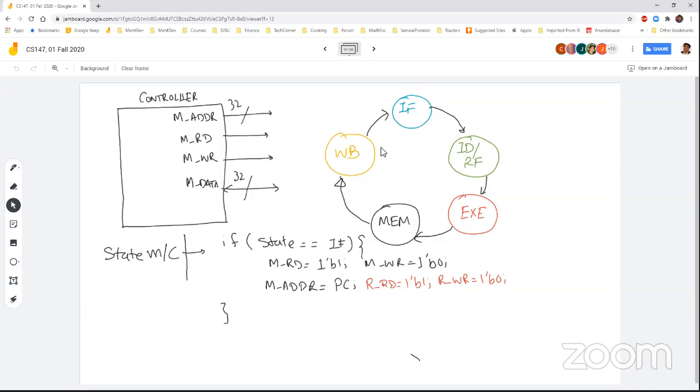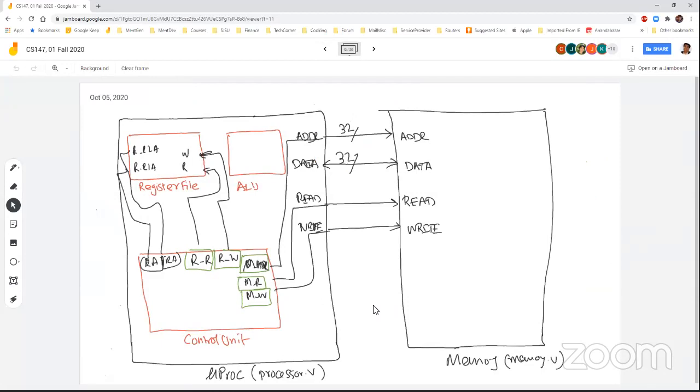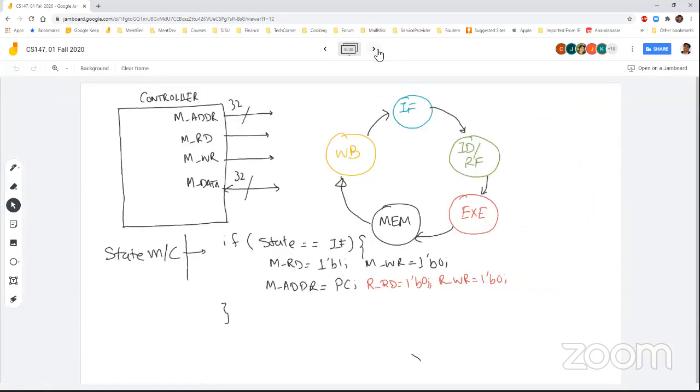Even better, if I have a hold condition implemented on the register, then I should actually put it in the hold condition. Let's say 0, 0 is a hold condition on the read and write signal of the register file. So I need to make sure I put it in a hold condition. And what else? The ALU is combinational, so there is nothing to control, and whatever output is coming out, unless we are writing back into the register file, it doesn't matter. It is not harmful. So mostly watch out for the register file control signals and the memory control signals out of the control unit. That's what you want to be concerned about.